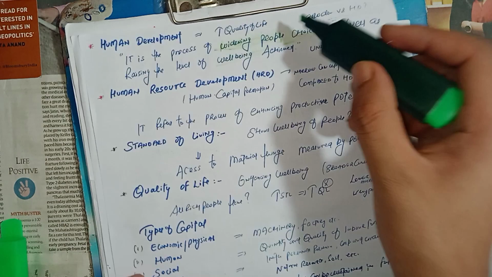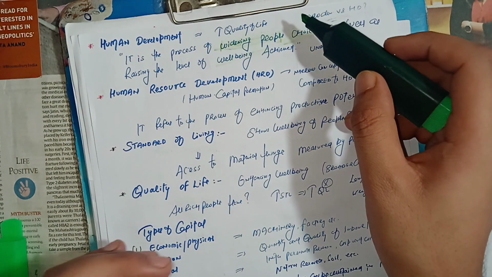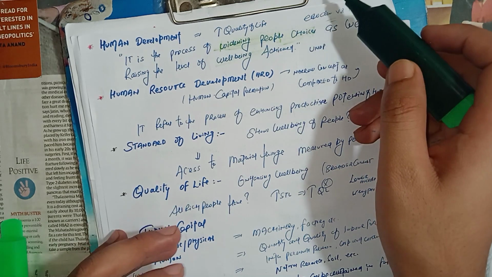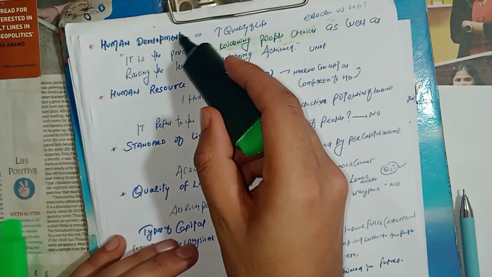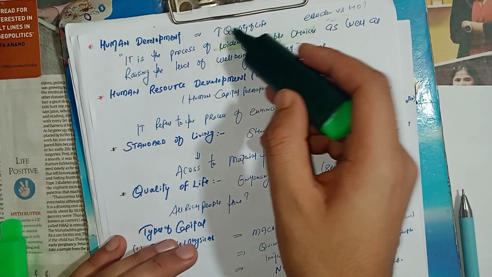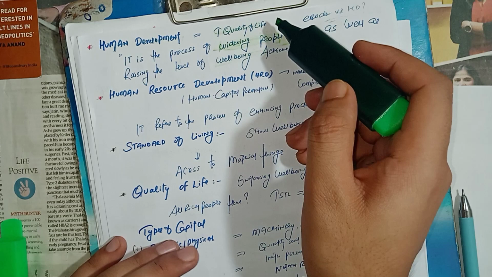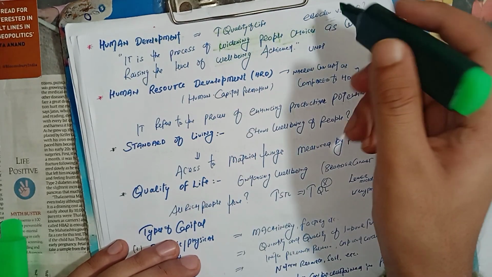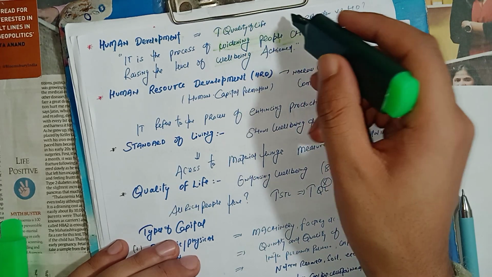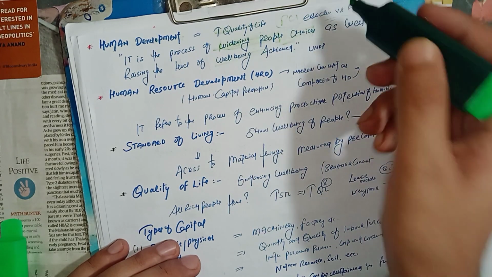If the income of a person increases, his area of choices will also increase, and this will lead to human development. So human development directly means increasing the quality of life. How will the quality of life increase? Quality of life will increase if the per capita income of a person increases.